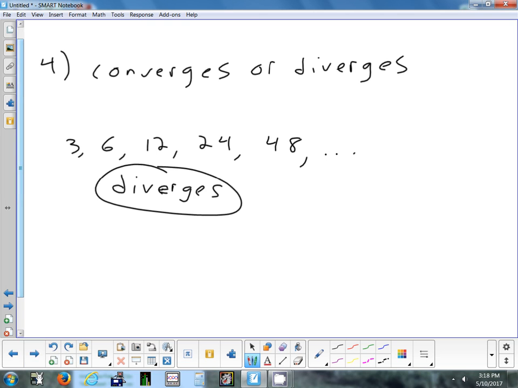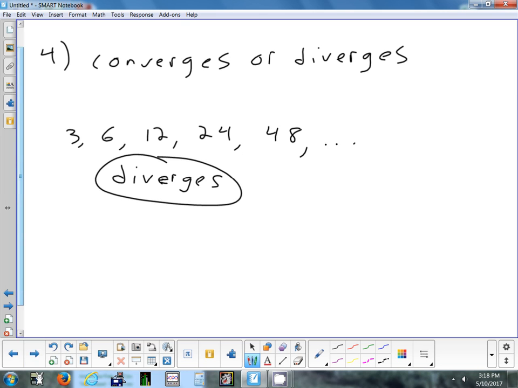Now, if you had a sequence where each term is a fraction, they're converging. So what am I doing there each time? You're getting closer to 0 because they're decreasing. And what specifically did I do?